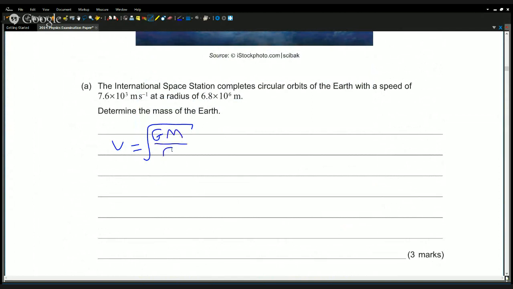Now that M is the mass of the Earth in this question, because it's the mass of the large body, not the one that's actually completing circular orbits. Rearranging that equation, v squared equals GM on r, and isolating M, M equals r v squared on G. Put all the numbers into that. So we've got 7.6 times 10 to the 3.